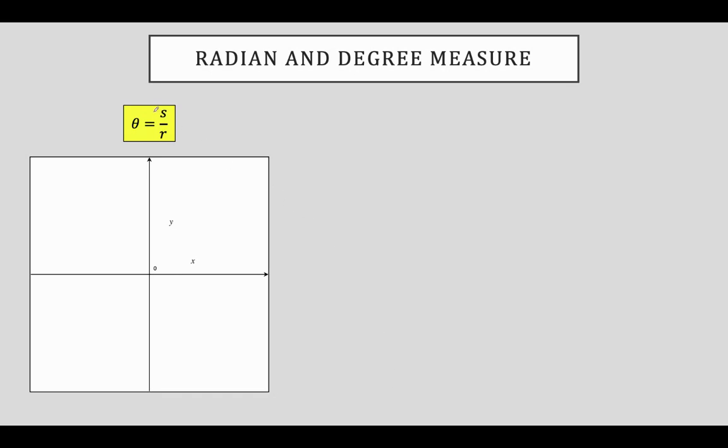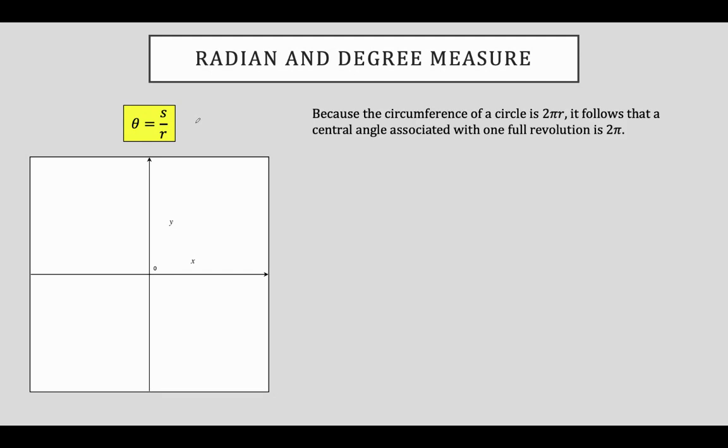Okay, we just said the angle measure in radians is given by the ratio of the arc length to the radius of the arc. Because the circumference of a circle is 2 pi r, it follows that a central angle associated with one full revolution is going to be 2 pi. Think about that.